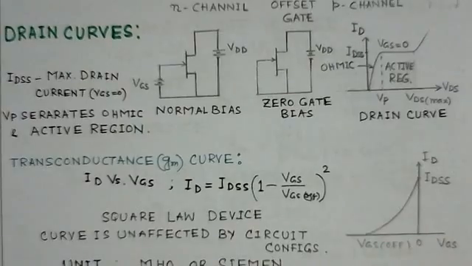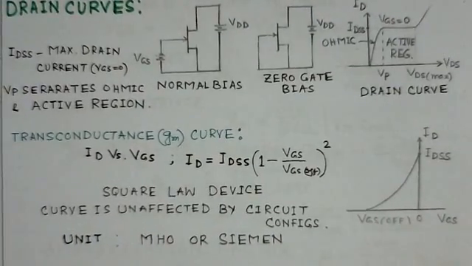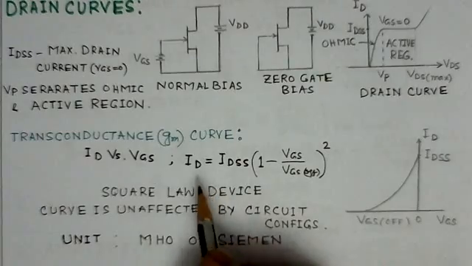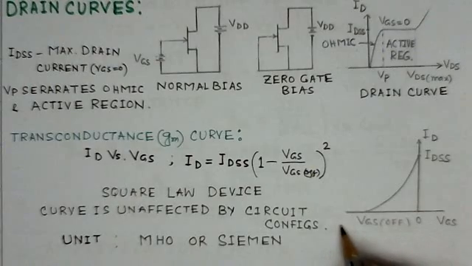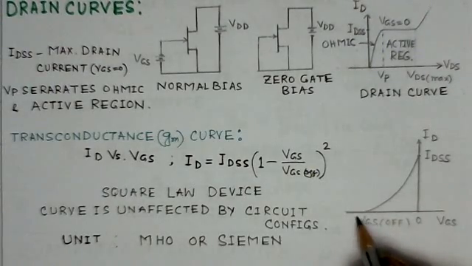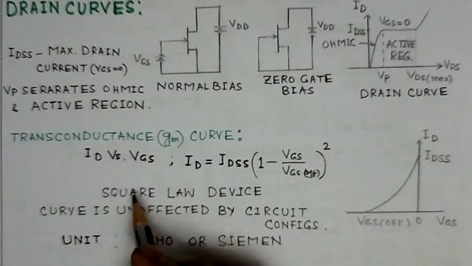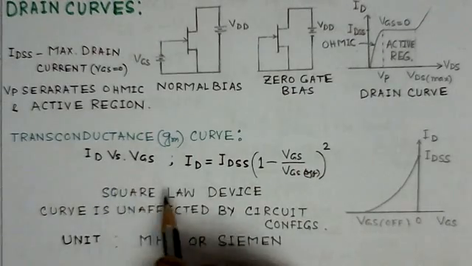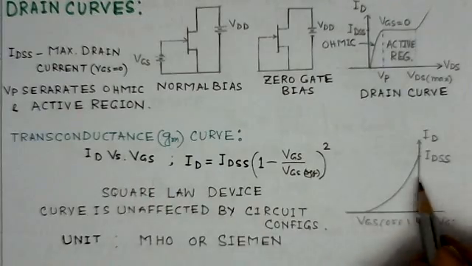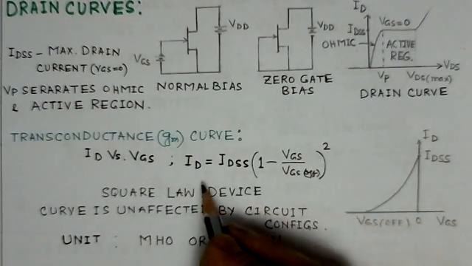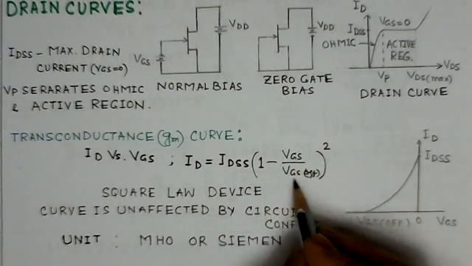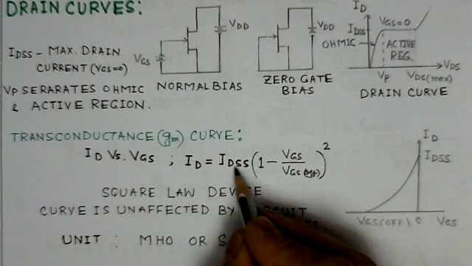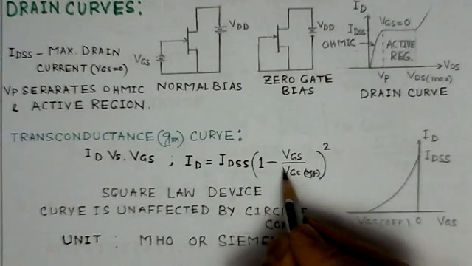One of the very important characteristics of the FET is the transconductance gm curve. This is a curve between ID versus VGS. The VGS on the left hand side is the negative value of VGS. The equation for this transconductance curve is ID equals IDSS times (1 minus VGS over VGS off) whole squared, where IDSS is the drain current when gate to source voltage is 0.